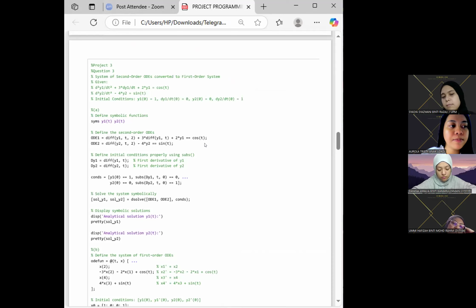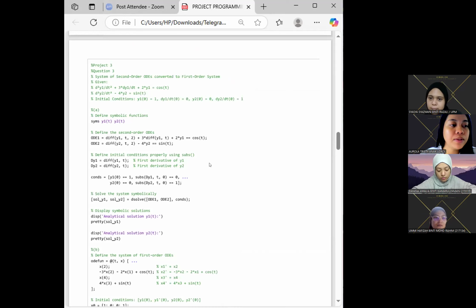Next, we are also given the initial conditions: y1(0) equals 1, y1 prime(0) equals 0, y2(0) equals 0, y2 prime(0) equals 1.